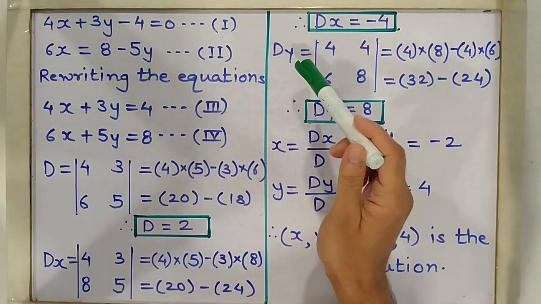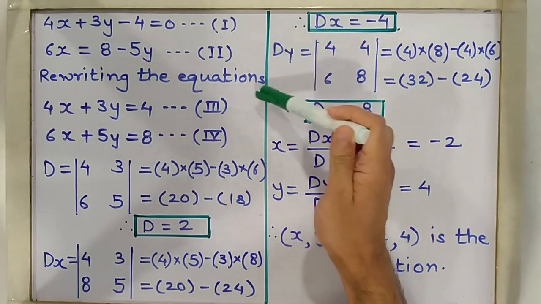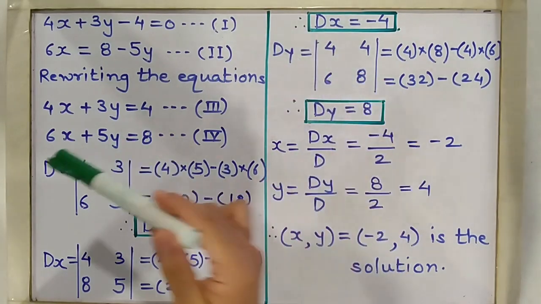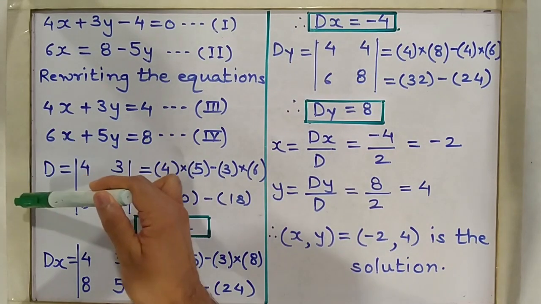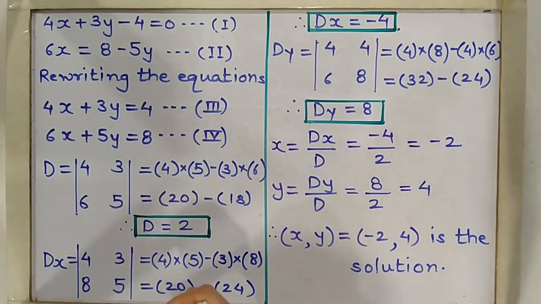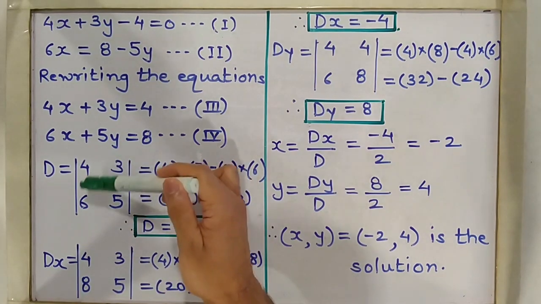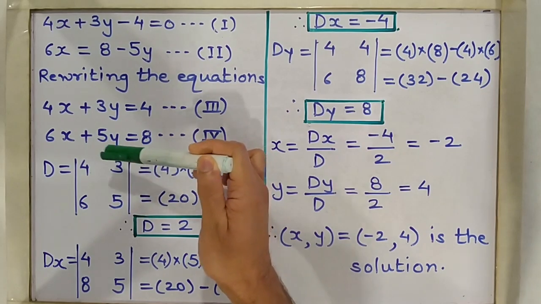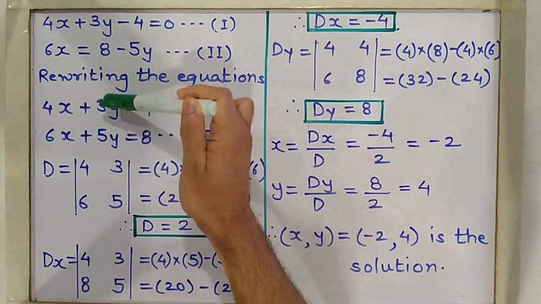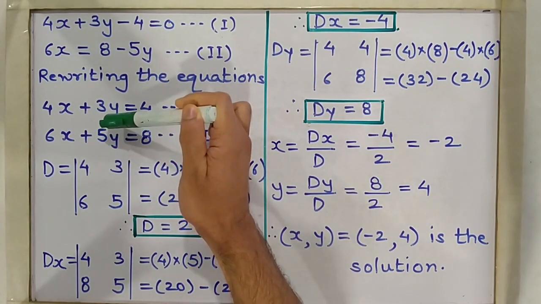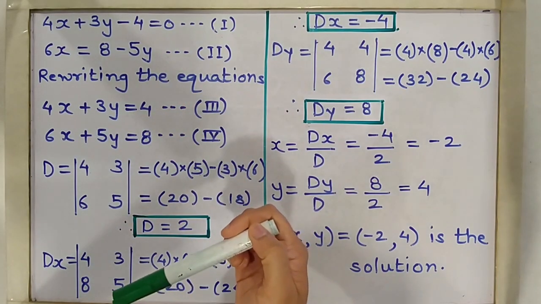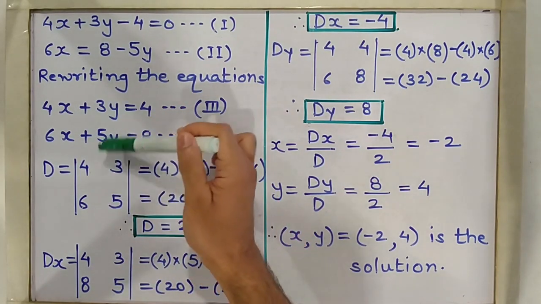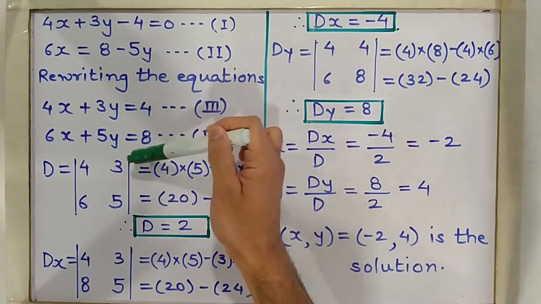Then we have to form determinant dy. Again observe determinant D. In this 3 and 5 are coefficients of y. We have to replace coefficients of y by constant terms.